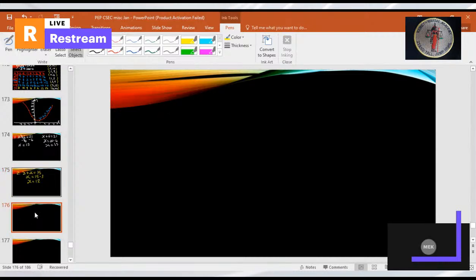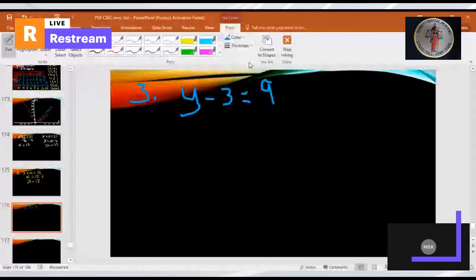Number 3, y minus 3 is equal to 9. All right, so y is the variable, and we have a negative 3, which we want to bring over to the right-hand side. We want y by itself on the left.